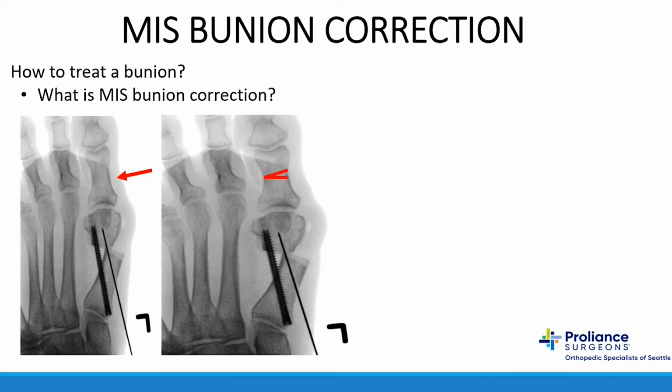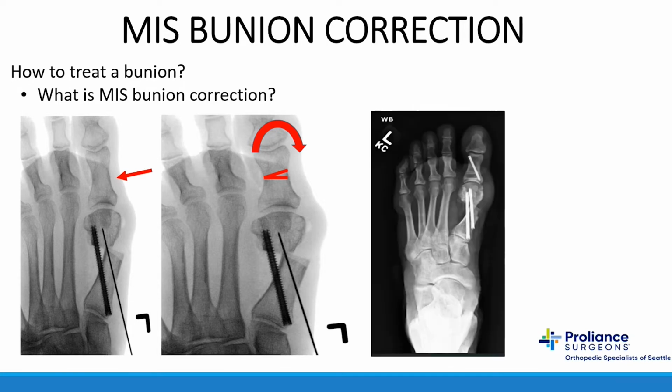So basically what I do is I use that burr to remove a small wedge of bone. And if you imagine that wedge going away and turning the toe over towards the right, that straightens it out further. And the end product, after putting a single screw across to fix and hold it, is a corrected bunion here.